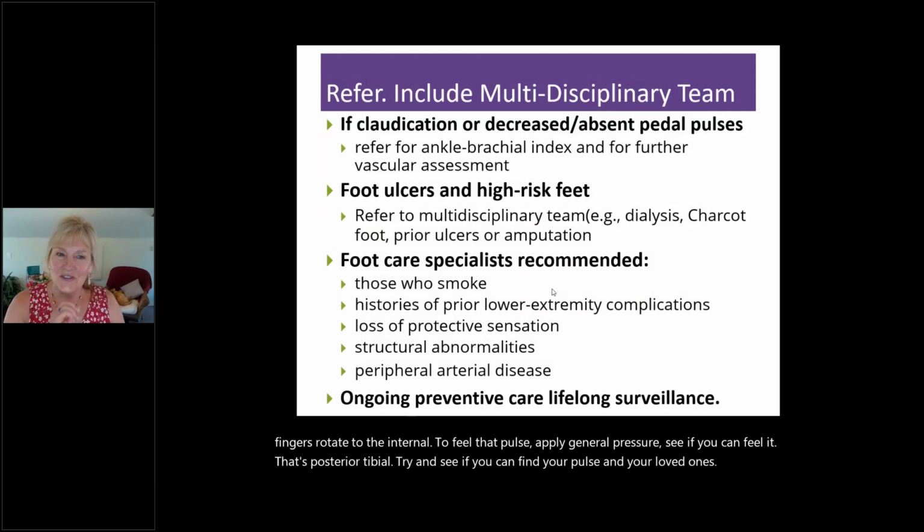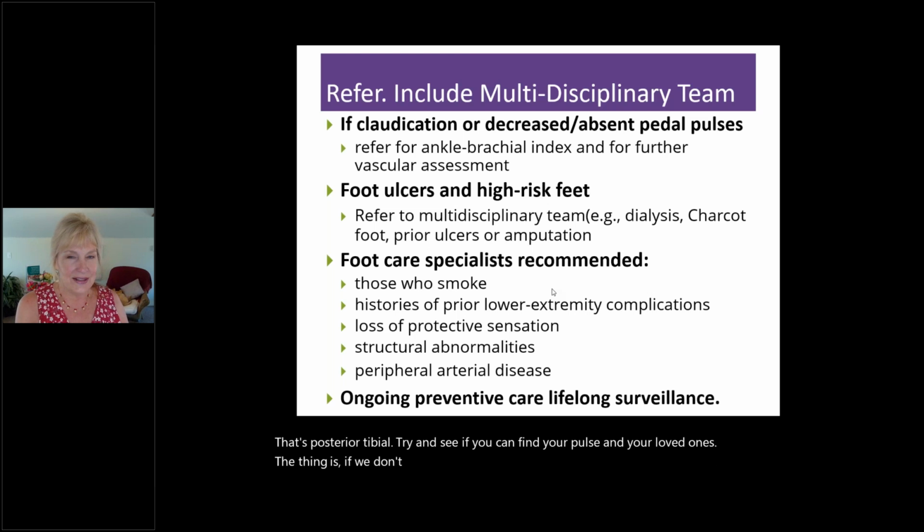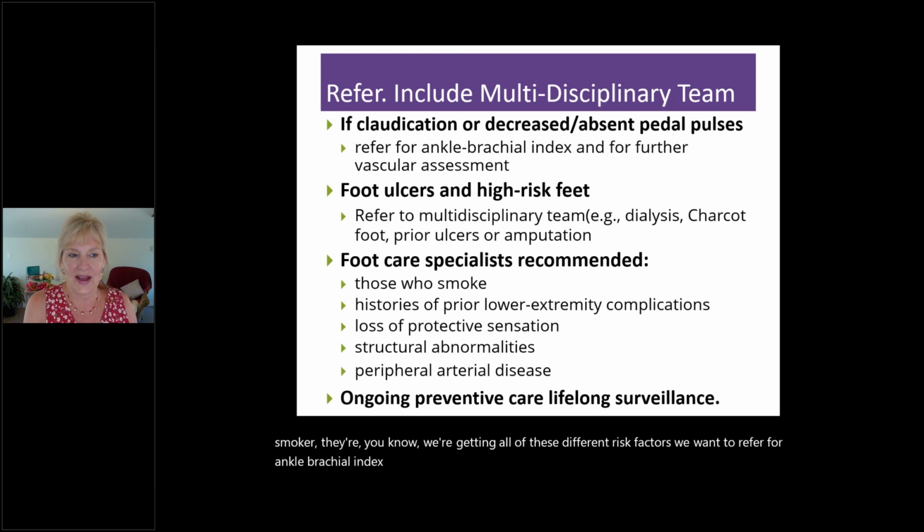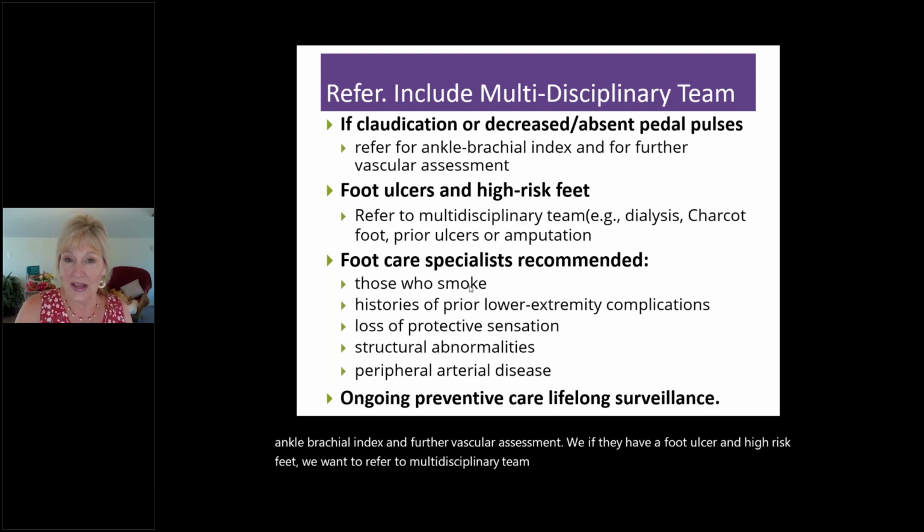The thing is, if we don't find pulses, and the person is telling us, yeah, I've got leg pain, I'm a smoker, we're getting all of these different risk factors, we want to refer for ankle brachial index and further vascular assessment. If they have a foot ulcer and high-risk feet, we want to refer to a multidisciplinary team to prevent foot ulcers.